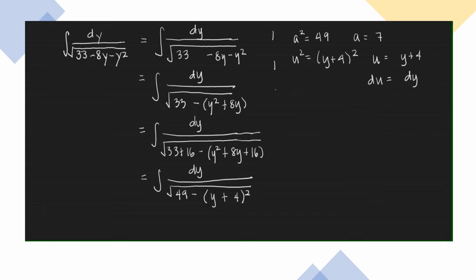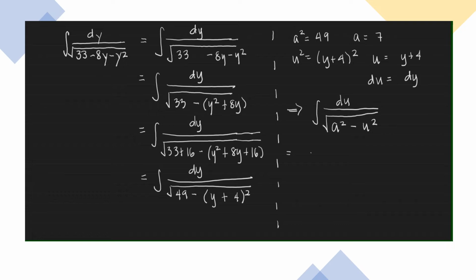So if we perform the substitution, just so you can see our transformed expression, dy will become du, and then we have square root of, so 49 will be replaced by a squared, and y plus 4 quantity squared will be replaced by u squared. So this is the form under substitution rule for leading to inverse trigonometric function whose answer is arcsine.